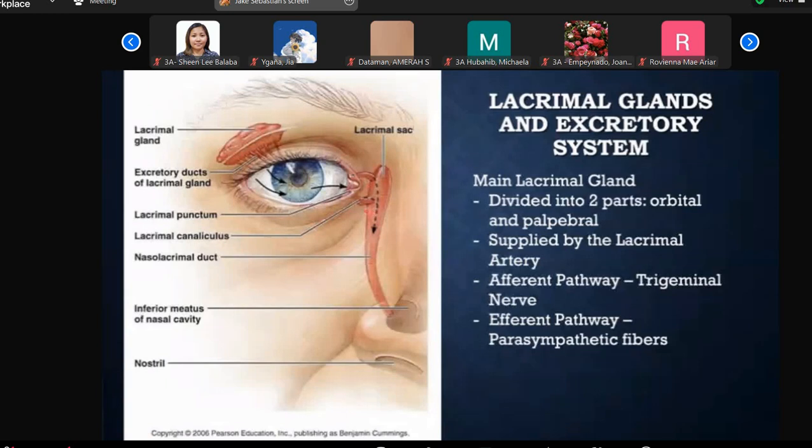The duct is also divided into two. This is the membranous part of the duct, the sac duct junction, and this is the intraosseous part, meaning this is already inside bone. If you palpate the medial canthus where the caruncle is, you can feel part of the lacrimal sac.